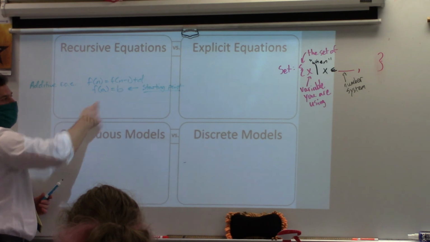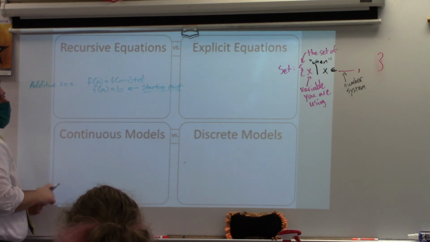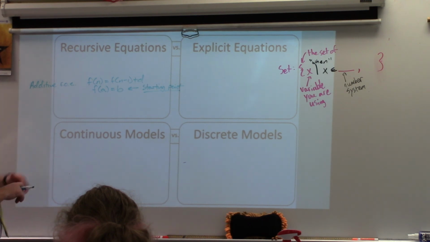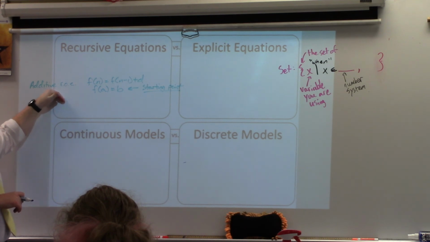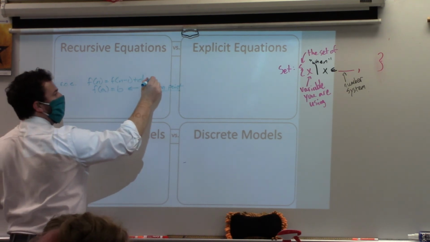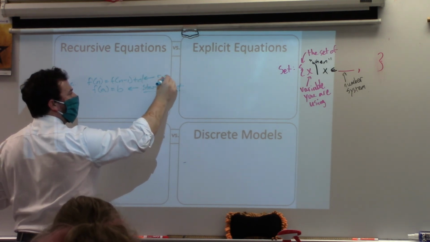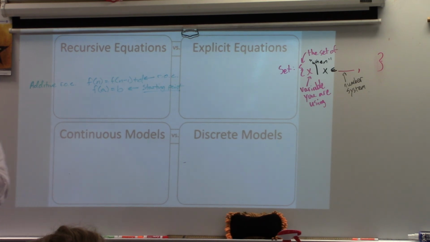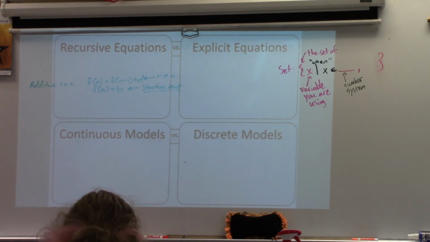But what are we doing to the previous output? Adding d. That d is not my starting point, it is my rate of change. So if this defines my starting point, this is defining my rate of change. What does that d stand for? Difference. A common difference or a constant difference. So the idea is that if we have an additive rate of change, we are repeatedly adding that common difference.